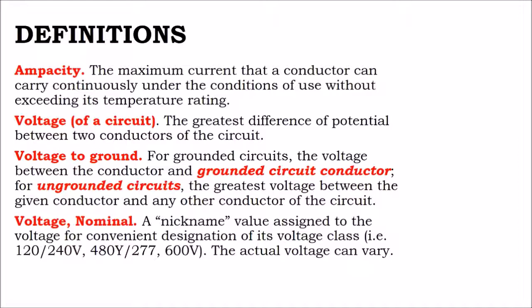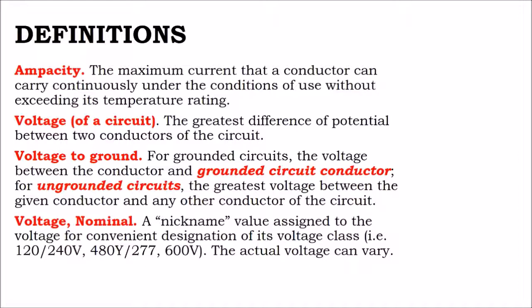And so then we have voltage to ground. It says for grounded circuits, the voltage between the conductors and the grounded circuit conductor. For ungrounded circuits, the greatest voltage between the given conductor and any other conductor of the circuit. Okay, well there's a lot of word salad in that. What does that mean?